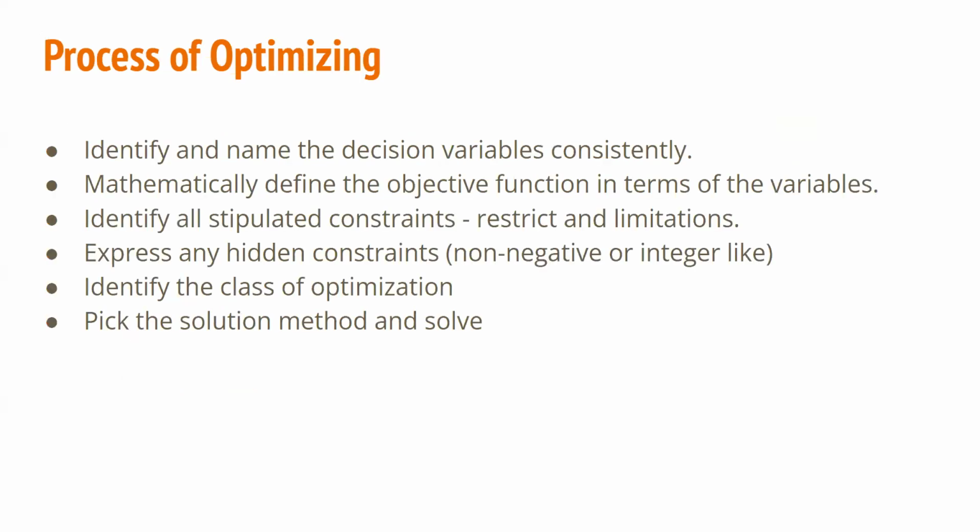Now, what is the process of optimizing? For optimization, we need to follow some specific steps, in the case of linear programming. So, what are those steps? Let's discuss. Before solving any linear programming or linear optimization problem, you first have to identify and name the independent or decision variables consistently.